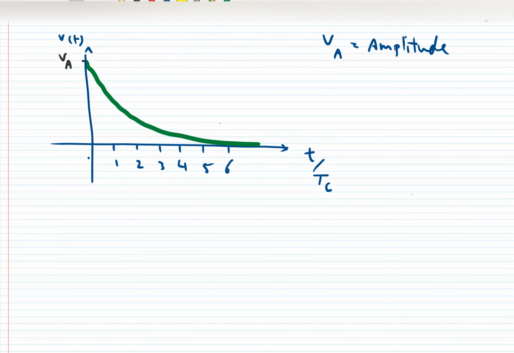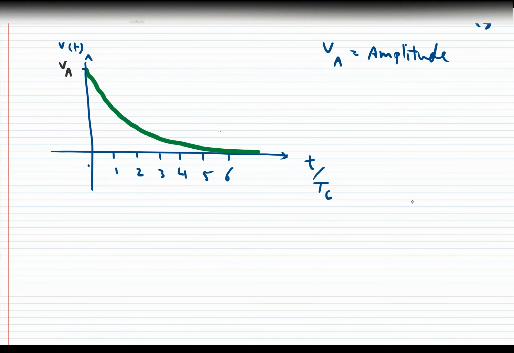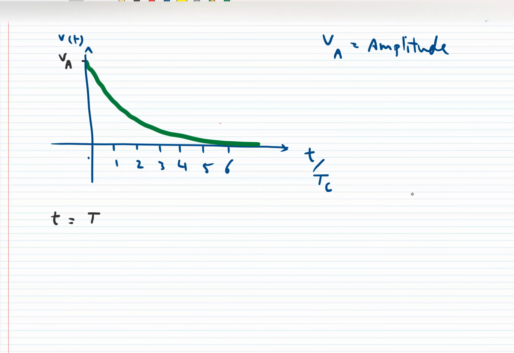Let's say we want to see what is the amplitude of the function at t equal to Tc. So if the t is equal to the Tc, the exponential function will be in this form.